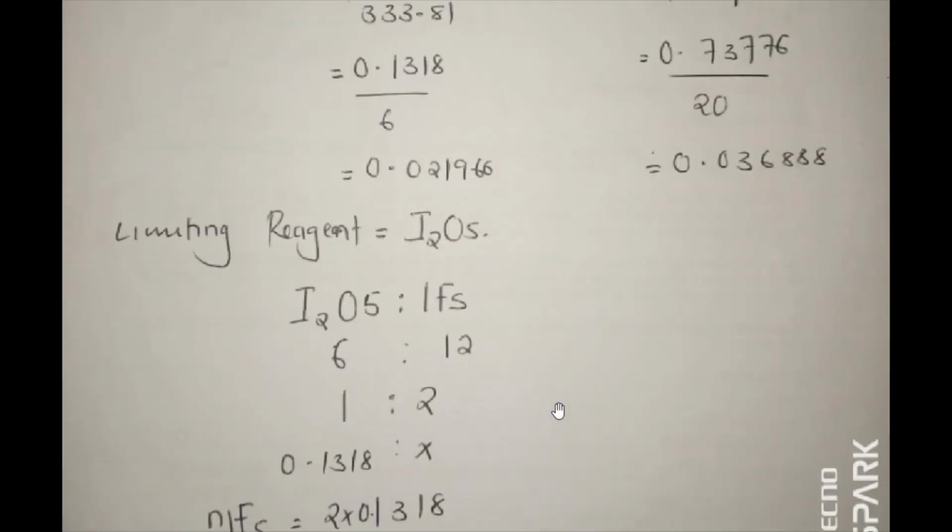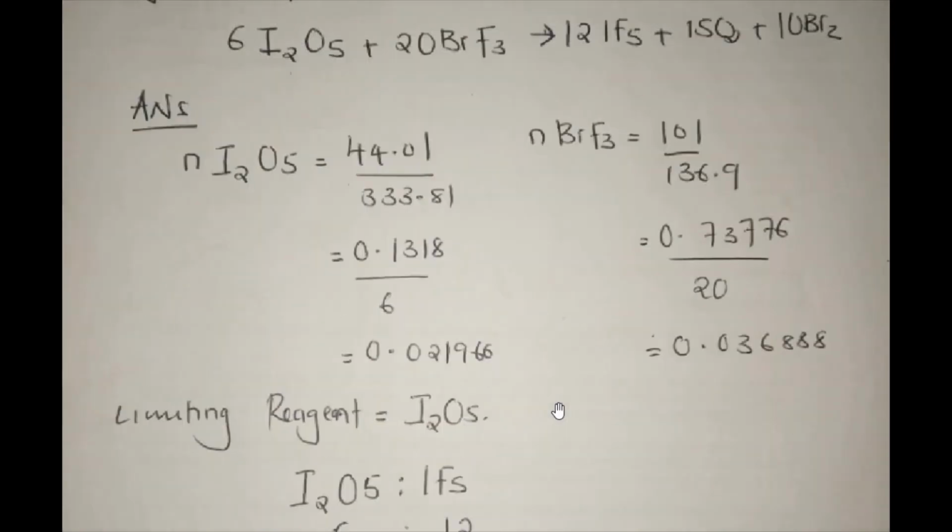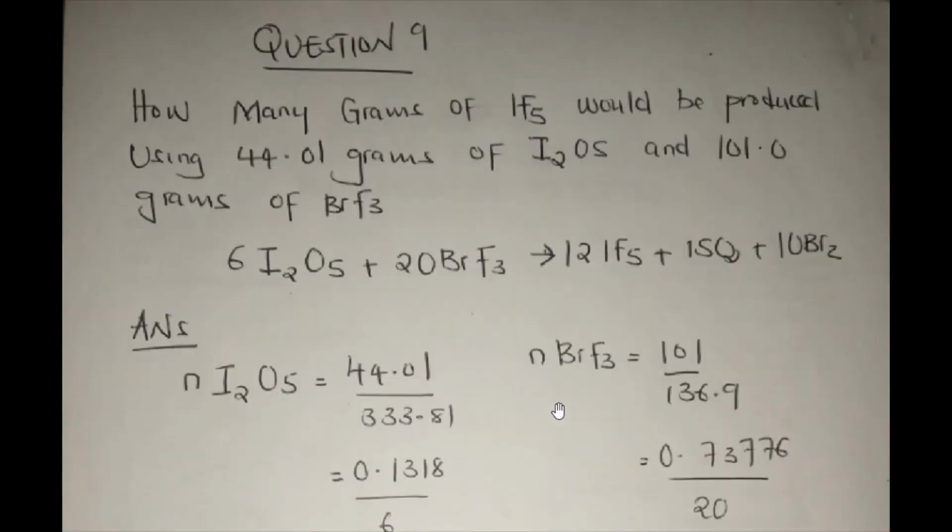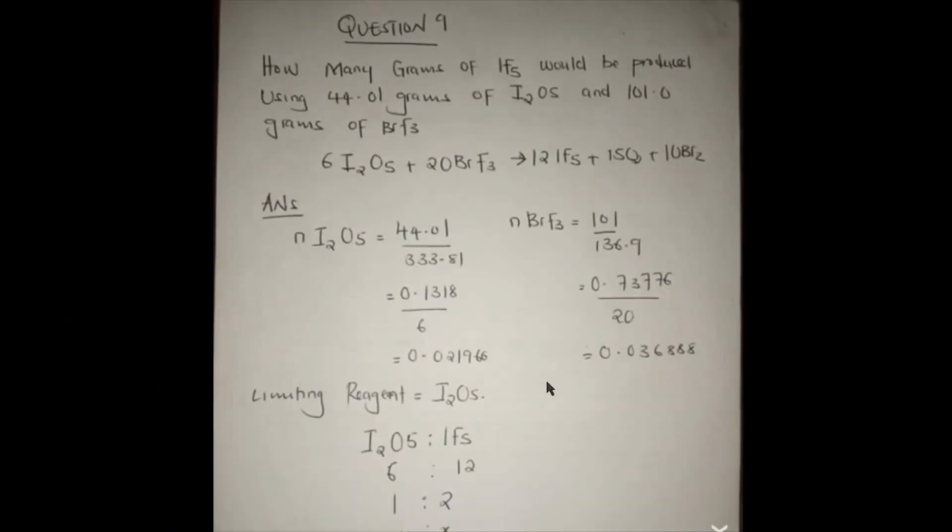Question 9. How many grams of IF5 would be produced using 44.01 grams of I2O5 and 101.0 grams of BrF3?